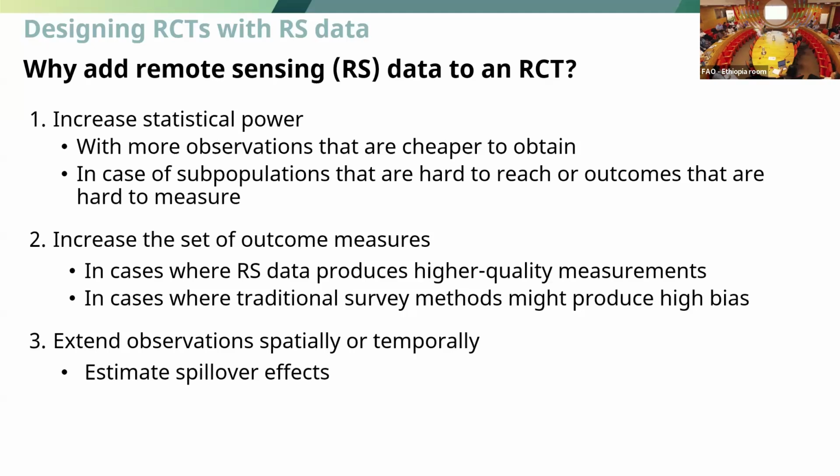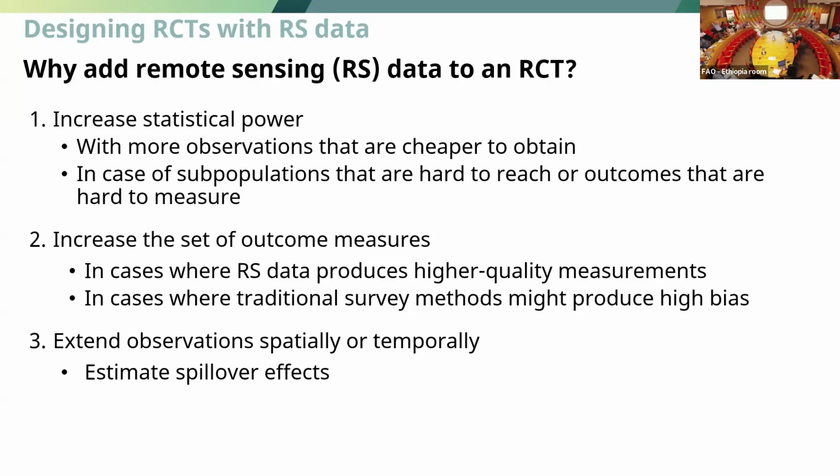So one big reason is to increase statistical power. We know that getting ground data is very costly, so it's often cheaper to get observations from remote sensing data. And in many cases, that can increase statistical power, but in some cases it doesn't. So we need to look at that.